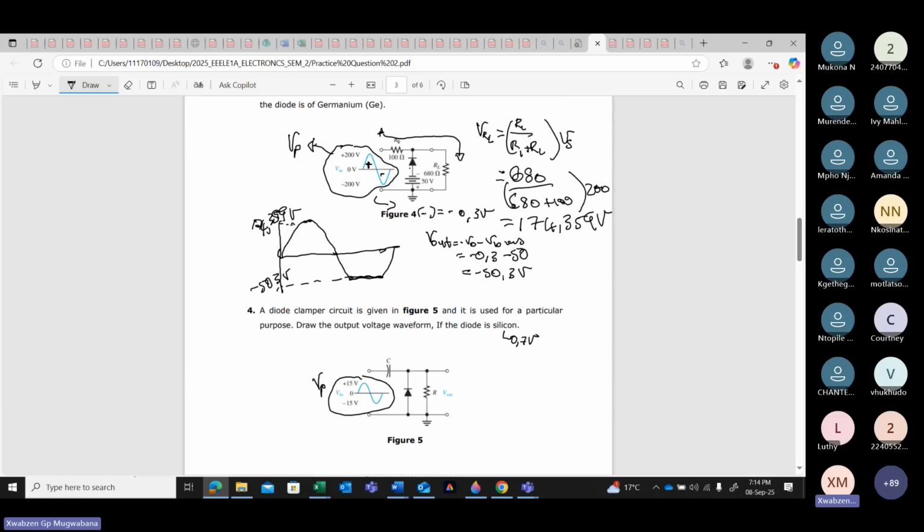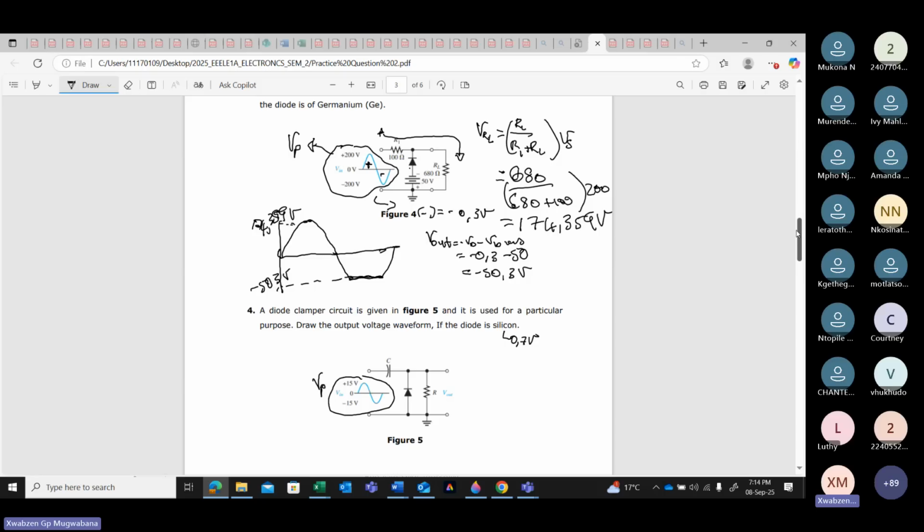Can you see? In series with the supply there is a capacitor, which means this is a limiter, and this is a clamper. Always check that. If it is a resistor, it's a limiter. If it is a capacitor, it's a clamper.